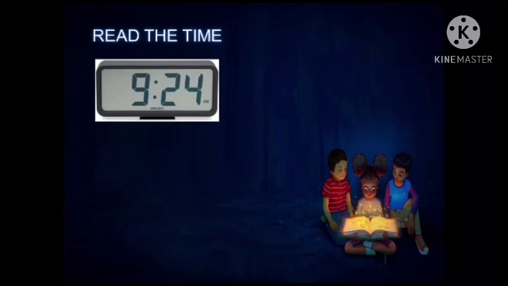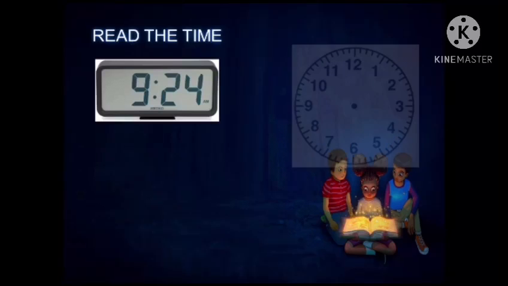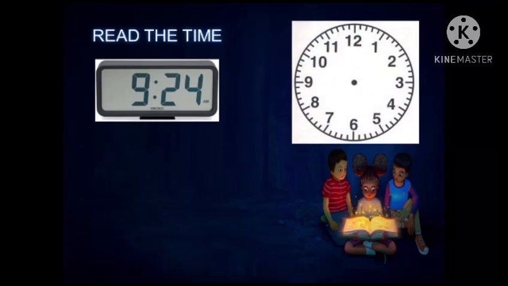Read the time. It's a digital clock showing 9:24, that is 9 hours 24 minutes. Now we are going to place 9 hours 24 minutes on this clock. The small hand, the hour hand, should face the 9.